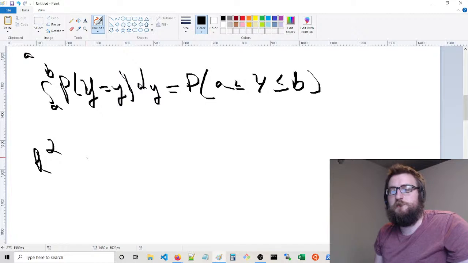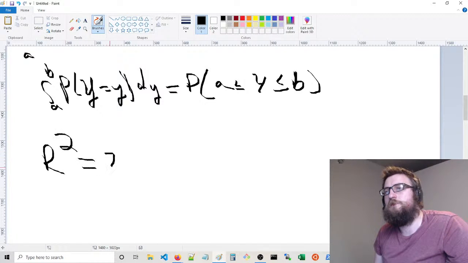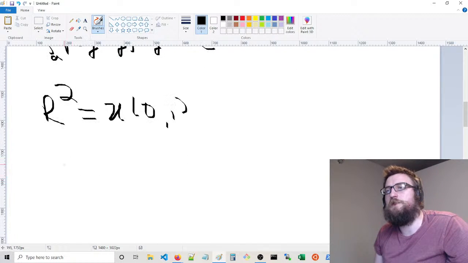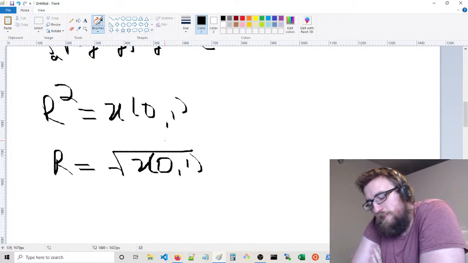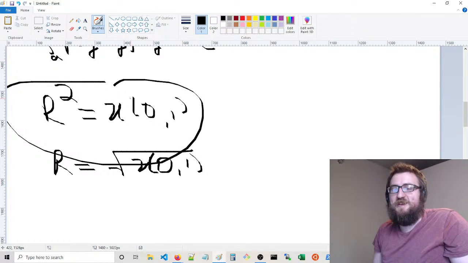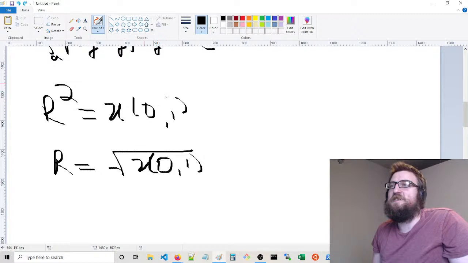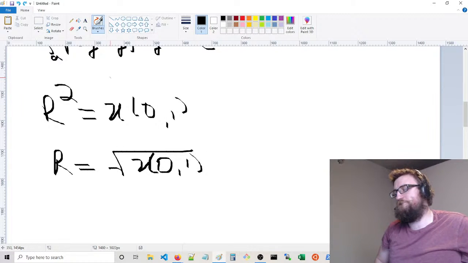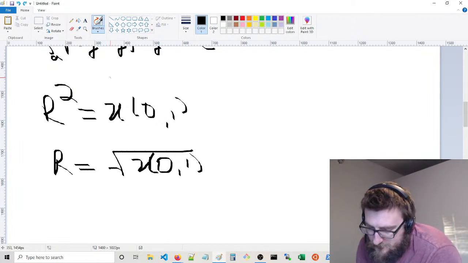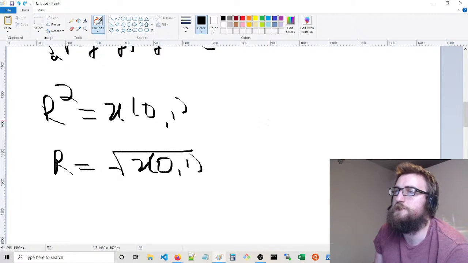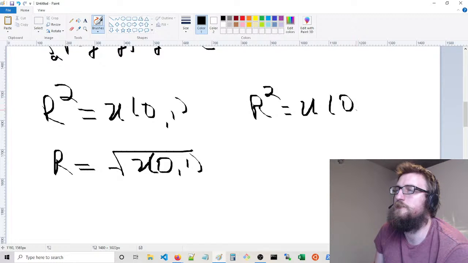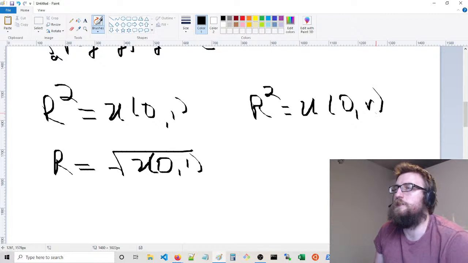This makes sense. If r squared is uniformly distributed from 0 to 1, then r is the square root of 0 and 1. That's fine. That makes sense. But how do we get here? How does that happen? I guess you'd say the reason for this is, but then you have another question of what about this? Like some constant k.